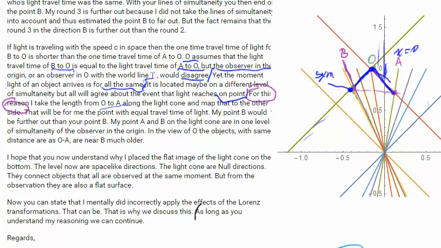In any case, there is no assumption that the light travel time of B to O is equal to the light travel time of A to O, because that would not be correct, because the line of simultaneity and the line of B are not the same. The world line of symmetry is not the same as the world line of B.